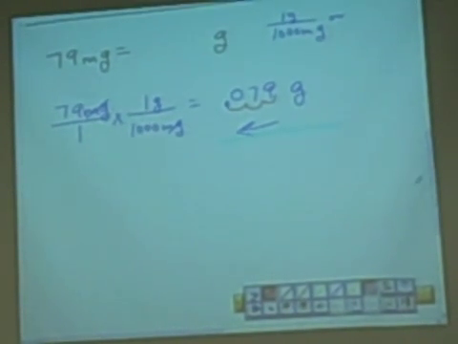So if we were working with, well, let's do a different problem. Instead of reconstructing this one, we'll just do a different one. Okay, now let's say that we have, not 79, excuse me, we have 15.